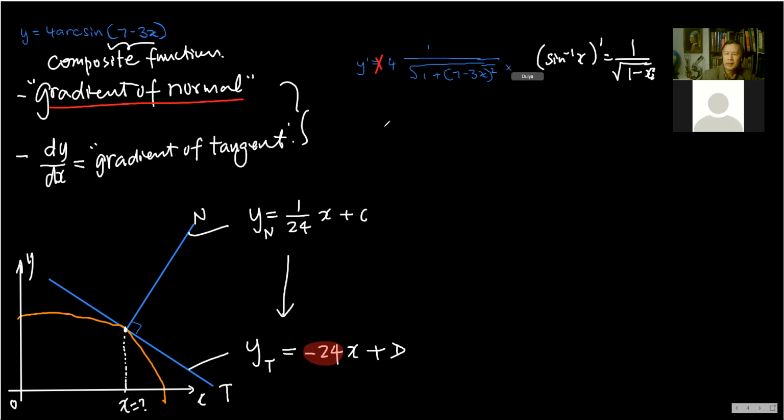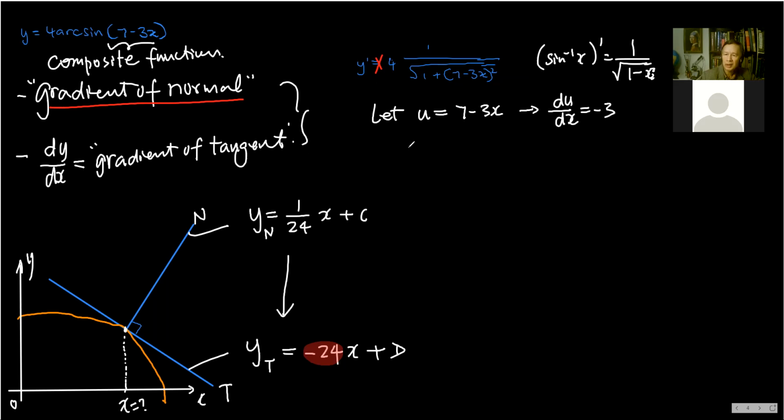But to help you understand, can we rewrite this? Introduce a new variable u equal to 7 minus 3x. In this way, you will not make a mistake. So that will give you du/dx equal to negative 3.